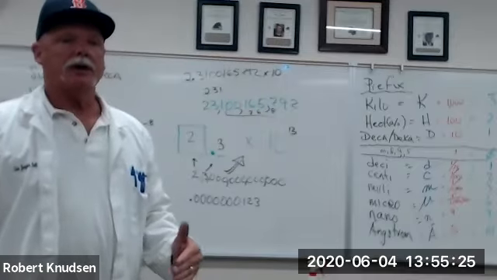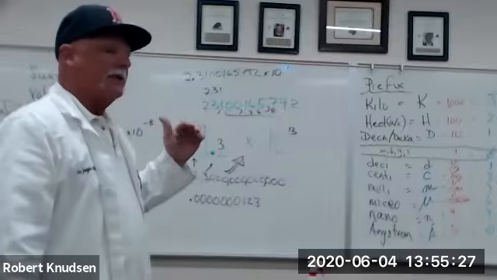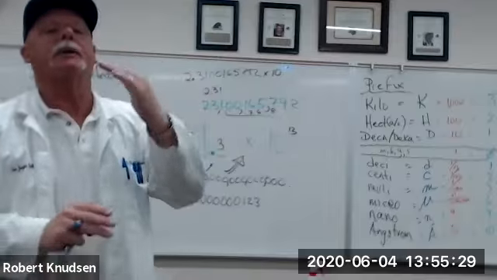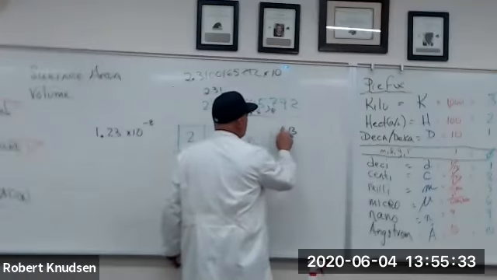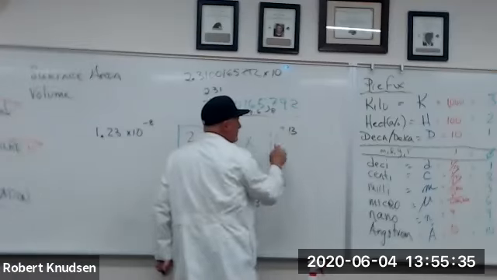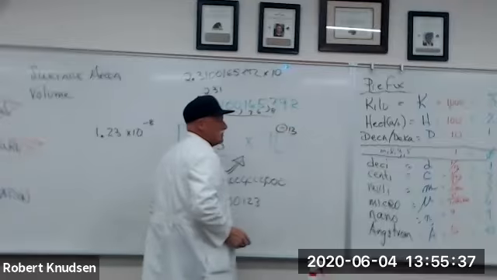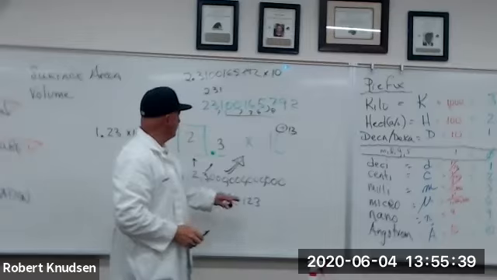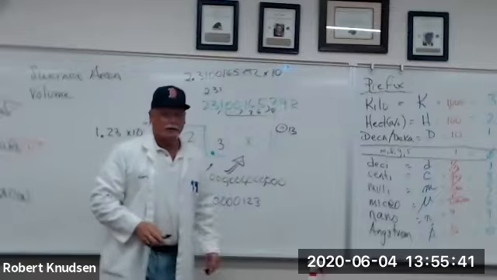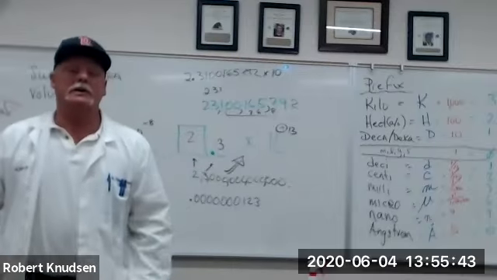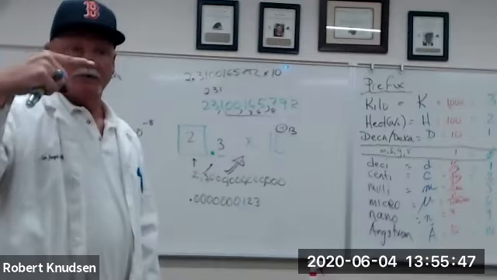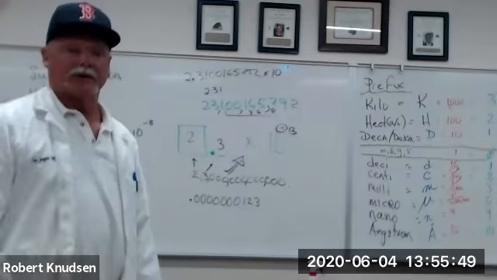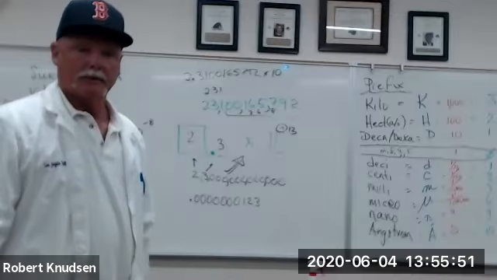If it's a large number, you're moving the decimal place to the left, it is a positive movement. It's a positive exponent. And whenever you have a positive, you don't have to put it up there. So that 13 actually had a positive in it. We just don't have to put it if it's positive. The only time you have to put it up there is if it's negative. Okay? Now watch the way we do it here in anatomy. If it's a small number, it's a negative exponent. If it's a large number, it's a positive exponent.